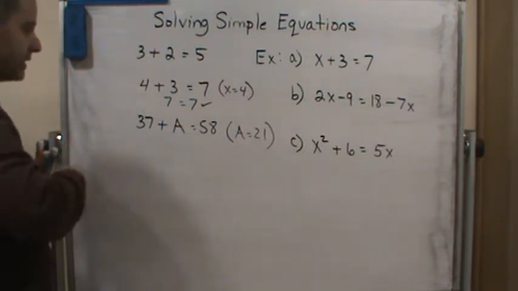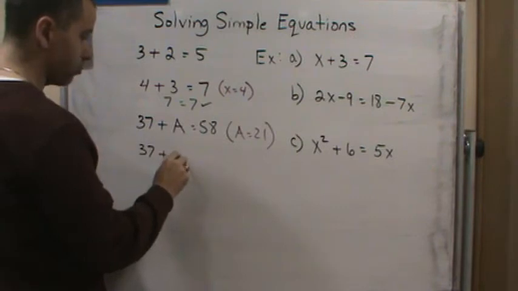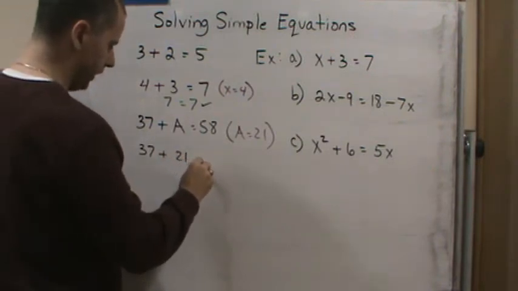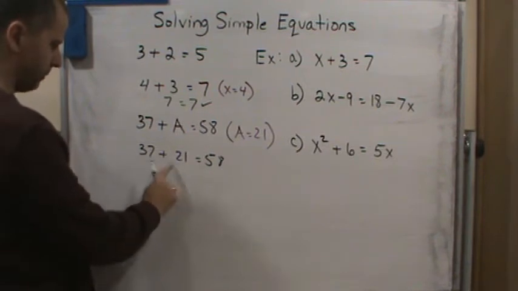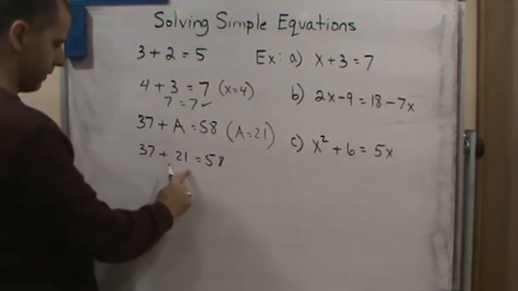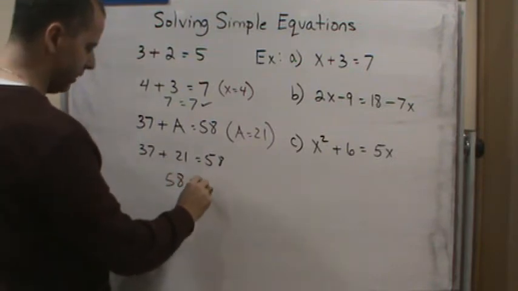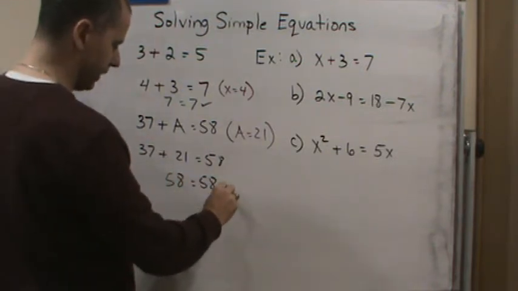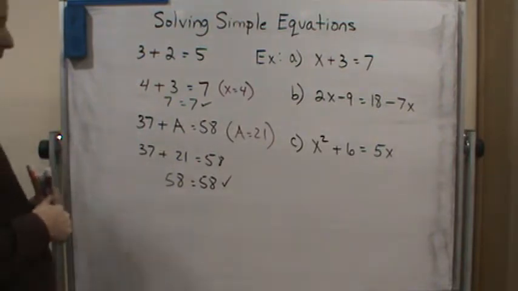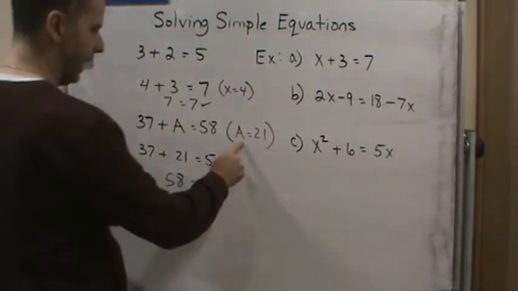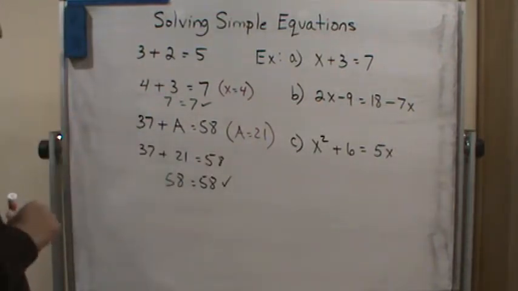Well, plug it in and see if we get a true statement. 37 plus 21 equals 58. If we add these two, we get 58 on the left, and 58 on the right, and of course that is a true statement. So a equal to 21 is the solution.